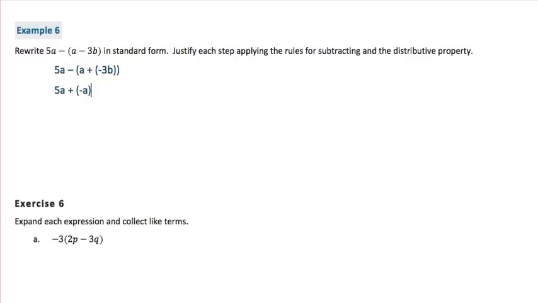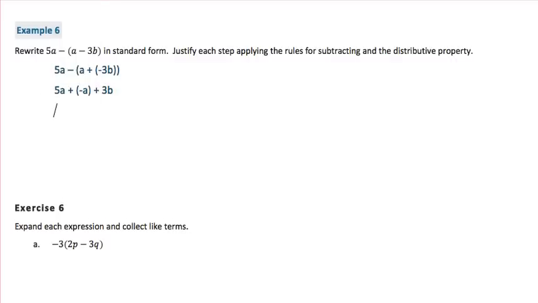Remember, we're doing the opposite of everything that's there. Plus the opposite of negative 3b is positive 3b. And finally, if we have any like terms, which we do, we have 5a plus a negative a. So if we take 1a away from 5a, we end up with 4a. And there are no common terms for b, so 3b.